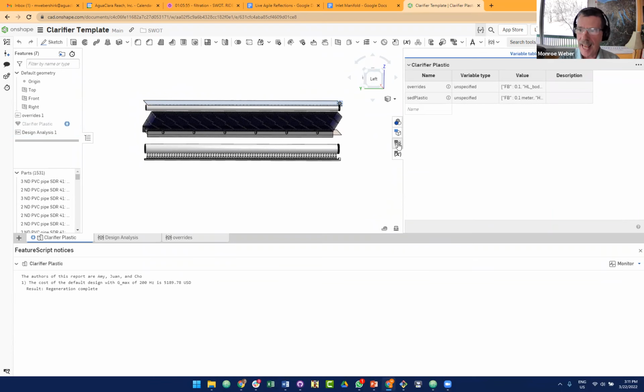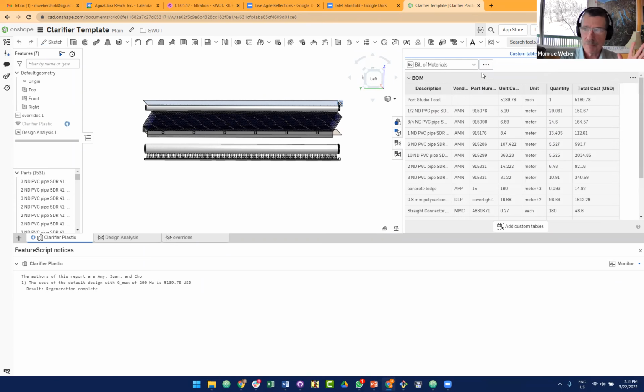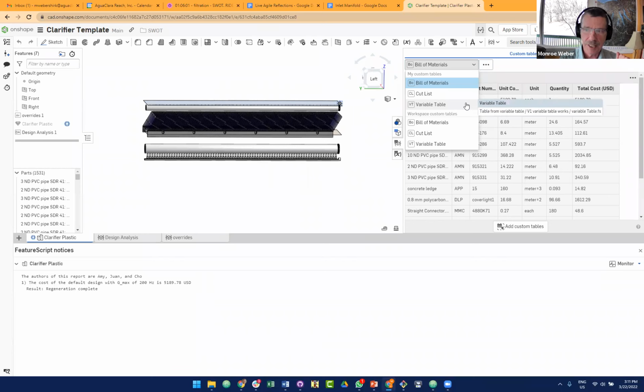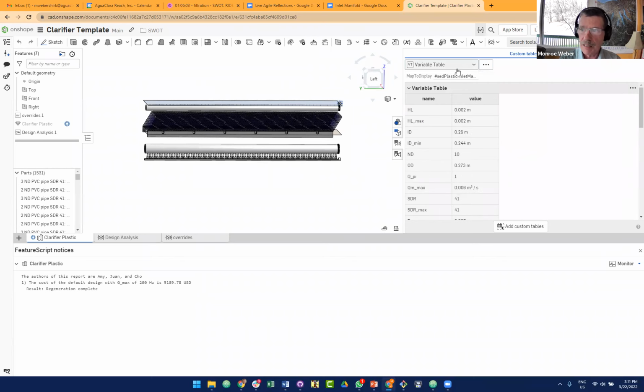So here's how you get at it. You go back to custom tables, and there's another one here called variable table. So you go to variable table, and we saw in the previous one that said plastic was an option. So I type in hashtag said plastic.